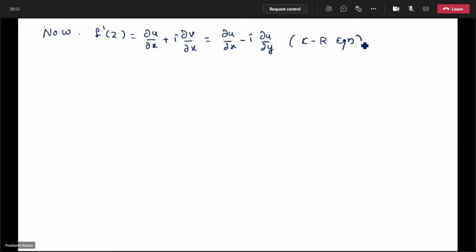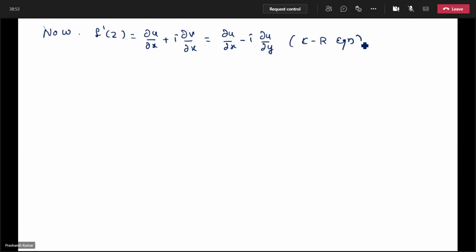What we discussed in today's class: construction of an analytic function whose real part is given or whose imaginary part is known. Here we discussed two methods. One is the direct method. In the direct method, using the total derivative, we find the exact differential equation.